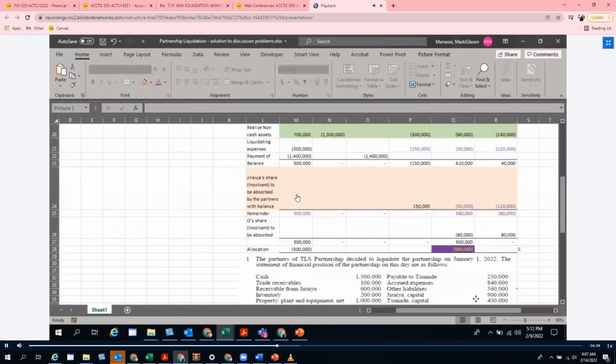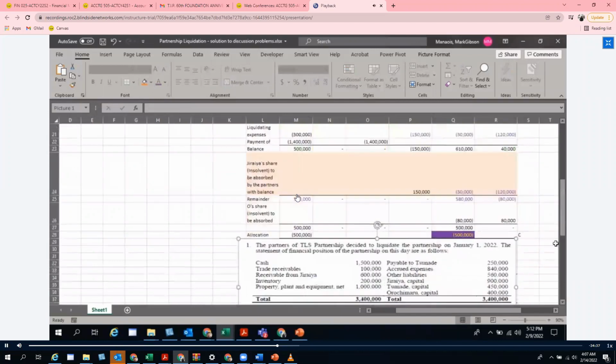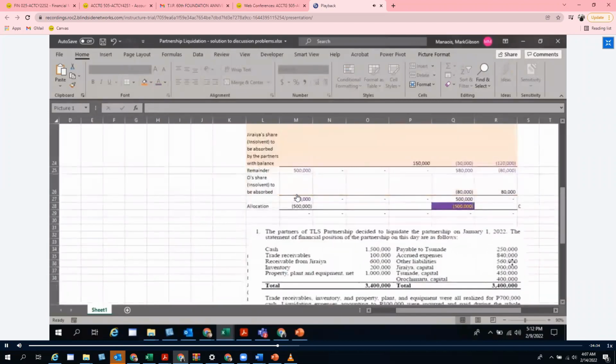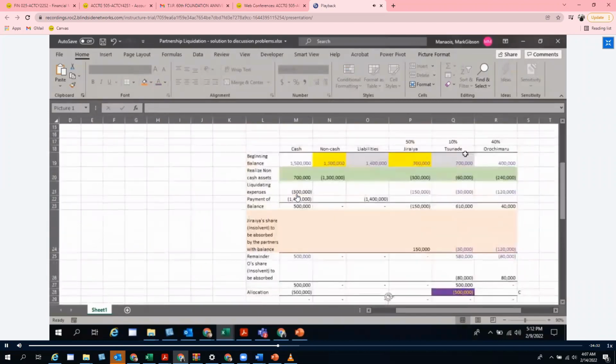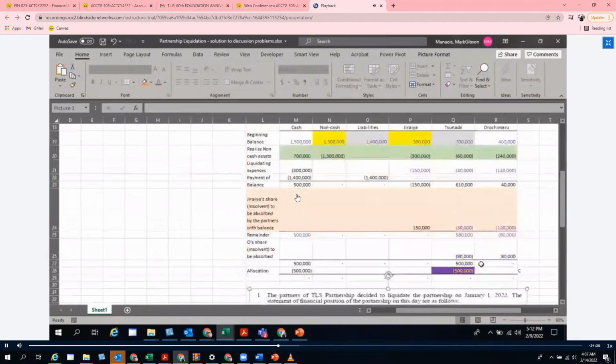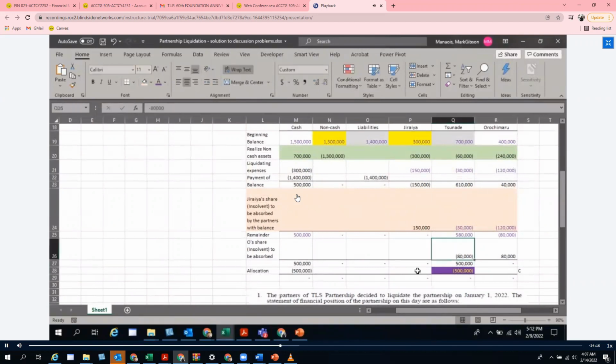So how are we going to settle that? Sabi, wala na daw pambayad. So todo na yan. Of course, the remaining partner, si Tsunade, who still has a balance of 580,000, will have to assume those 80,000 debit balance in Orochimaru. So absorb niya na yan. So that's a deduction to his capital.